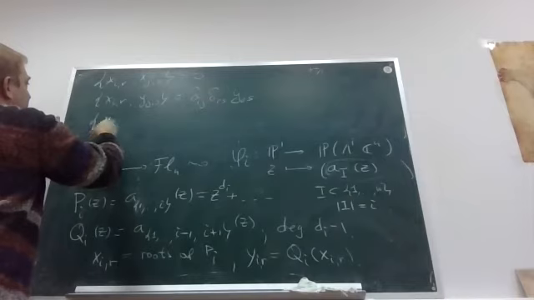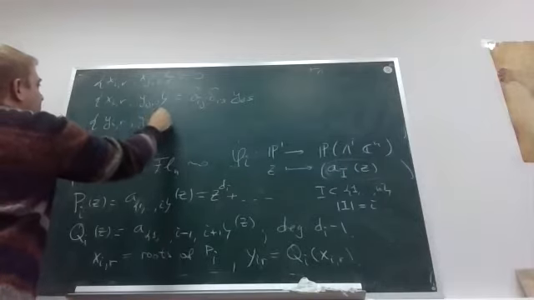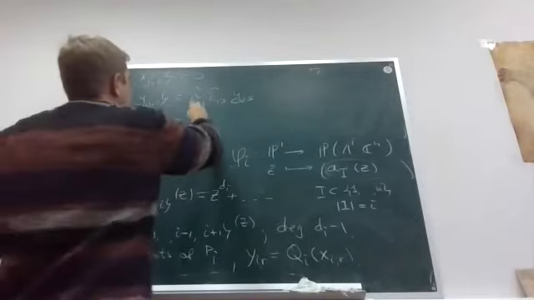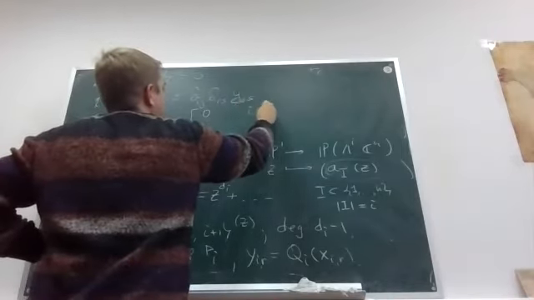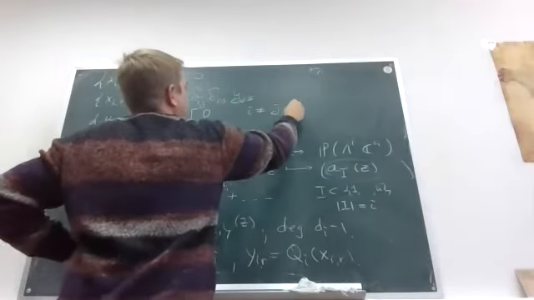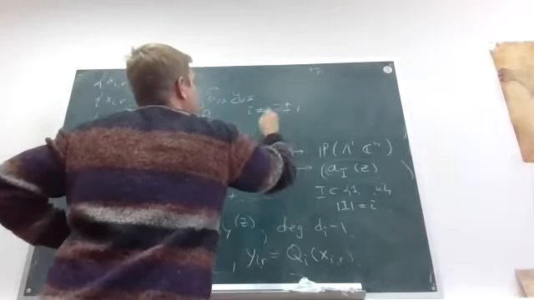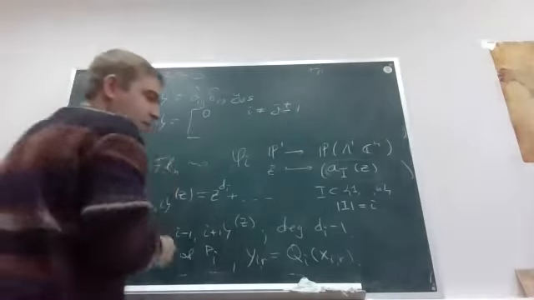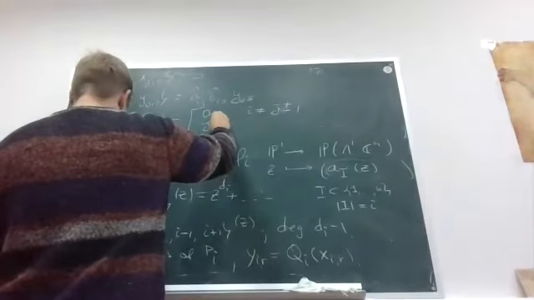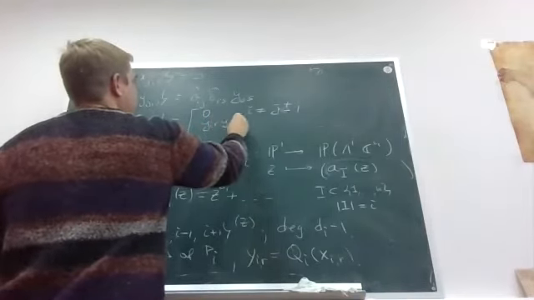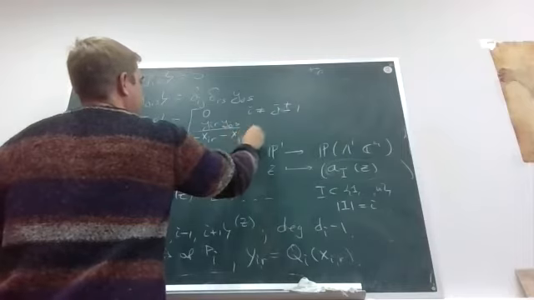So the bracket of Y_{ir} and Y_{js} is 0 if i is not j plus or minus 1, and it is Y_{ir} Y_{js} over X_{ir} minus X_{js} otherwise.